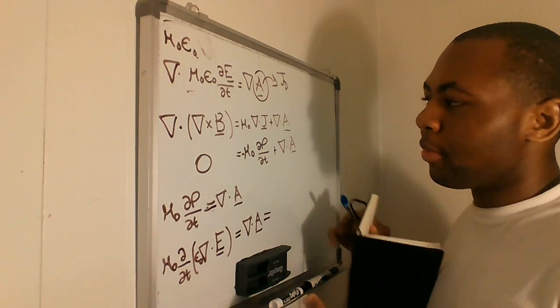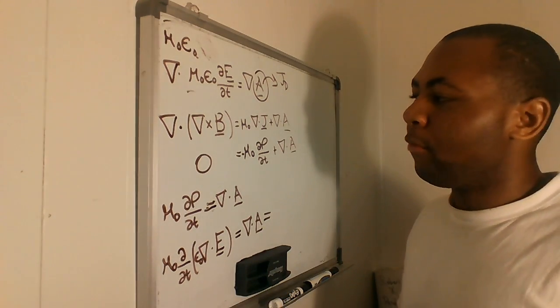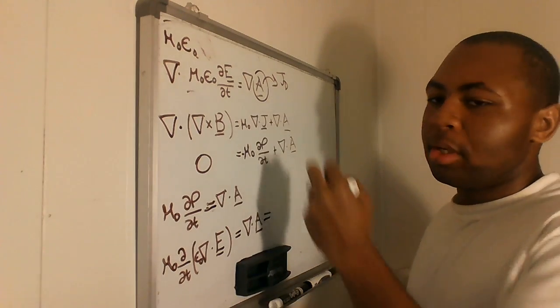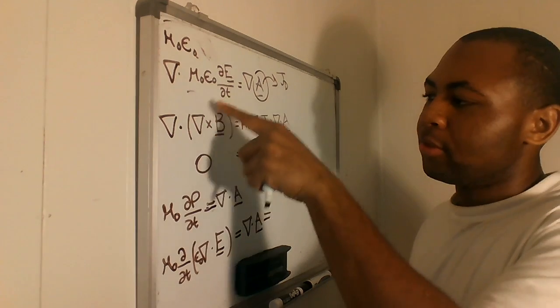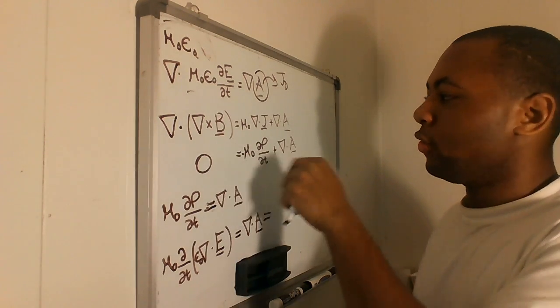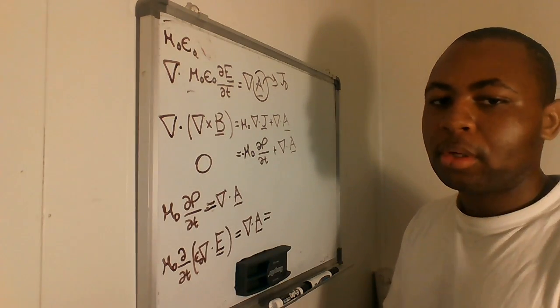What was the point of this problem? The point was to show that for a time-dependent charge, we needed an extra term in this relationship. And in this case, we needed the displacement current.